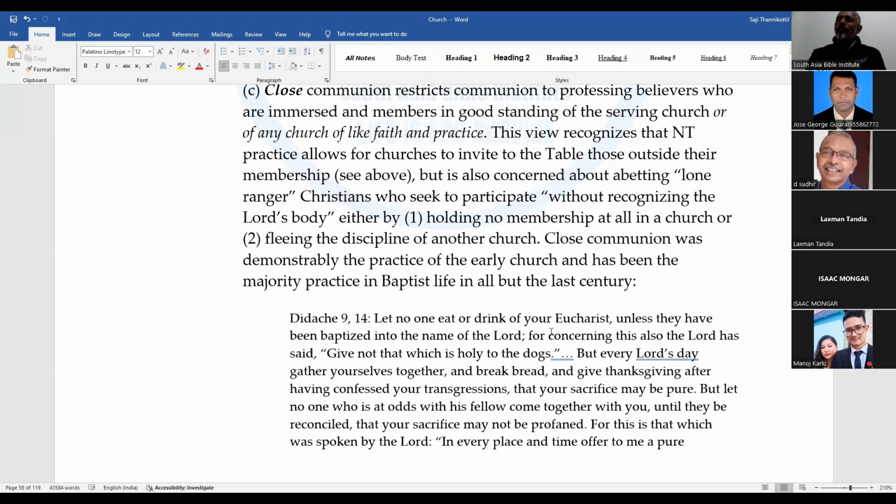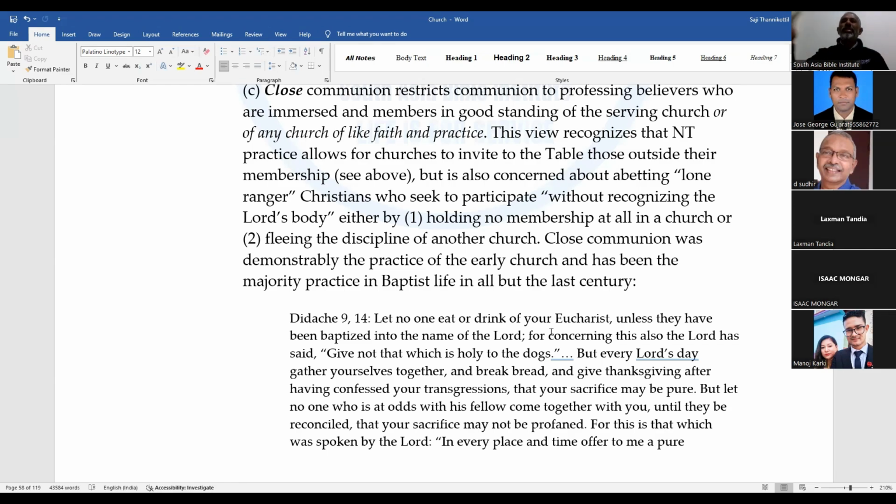Now the question is, Paul is from which church? What is the membership like? He's from Antioch, yeah. He is from the church at Antioch, right? He's sent from Antioch. But right here we see Paul coming to Troas, meeting brethren there, breaking bread together with them, celebrating the Lord's table.